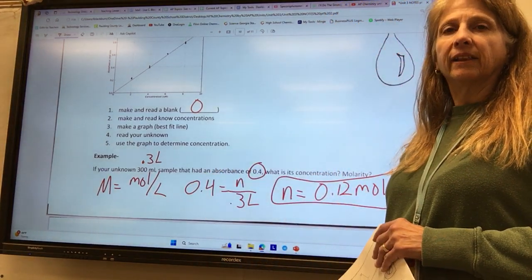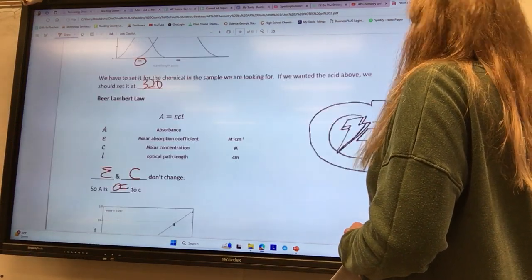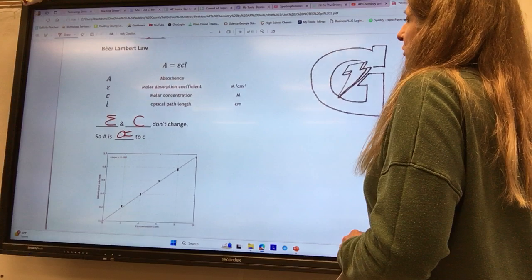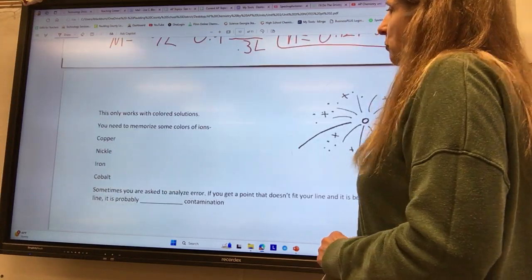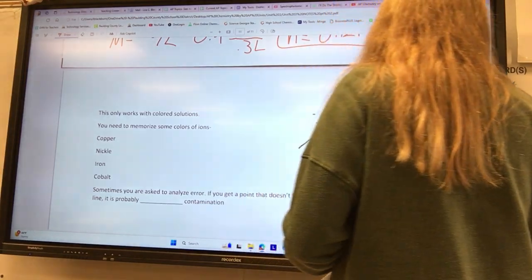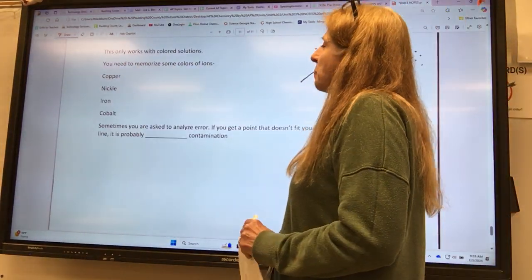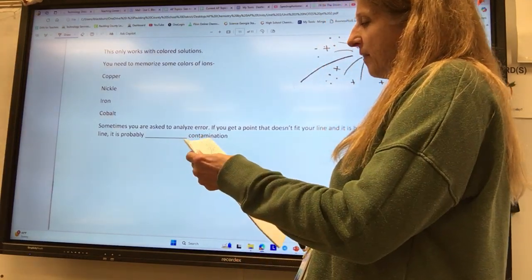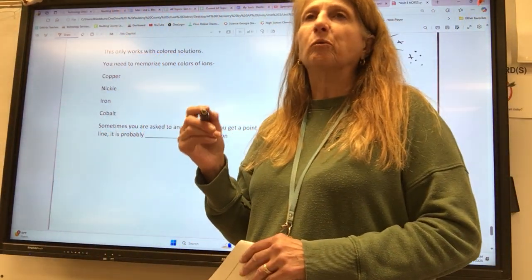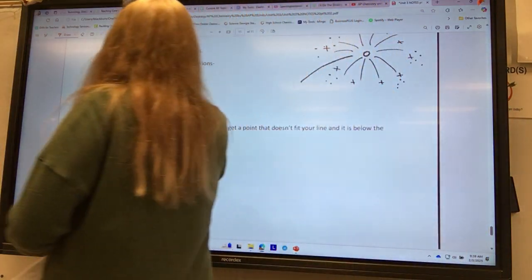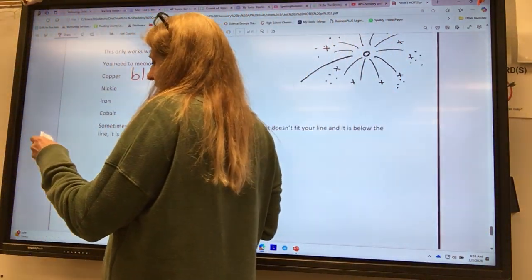Okay, last bit. The AP test expects you to memorize some things. First of all, this only works with colored solutions. If it's clear, the light is going to pass straight on through, of course. And they want you to have memorized some colors of ions. Y'all learned some of these when we did flame tests. Copper is blue.